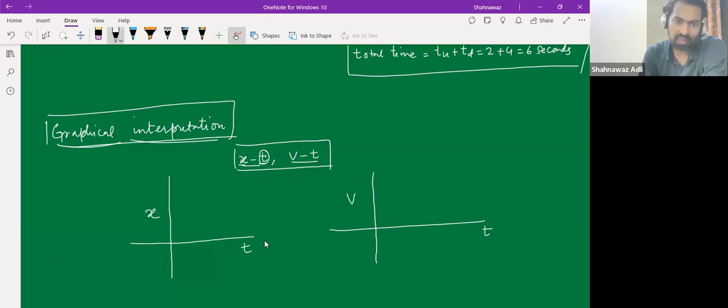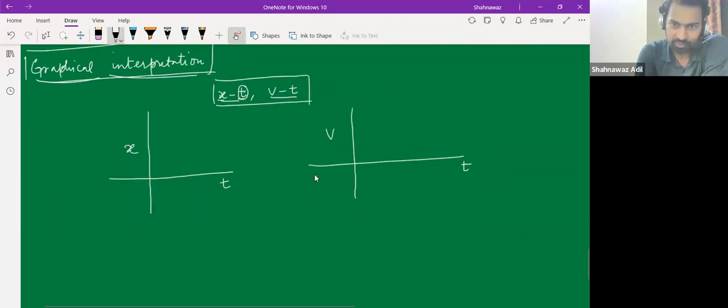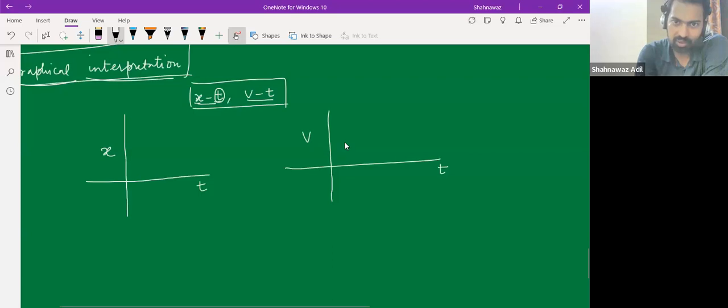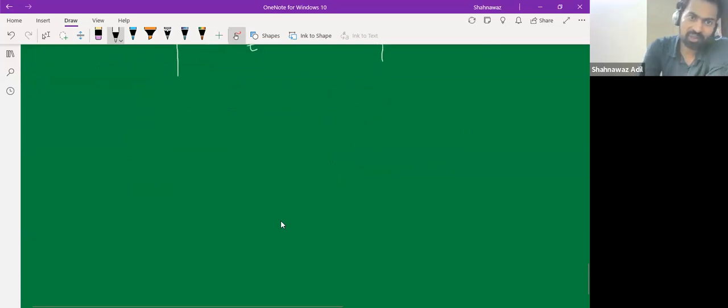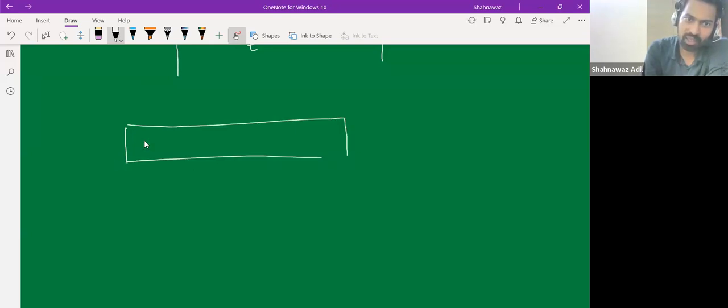Now let me talk about the graph, I will come to this graph later. Let's say in the velocity-time graph, let me draw the data first. At t = 0, v is, let's say, u.